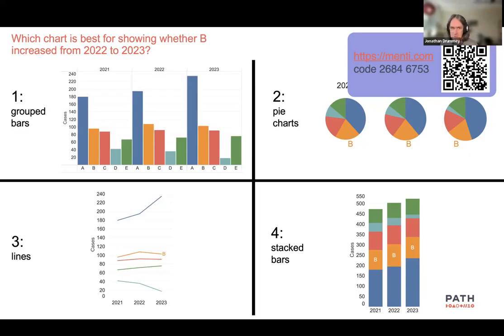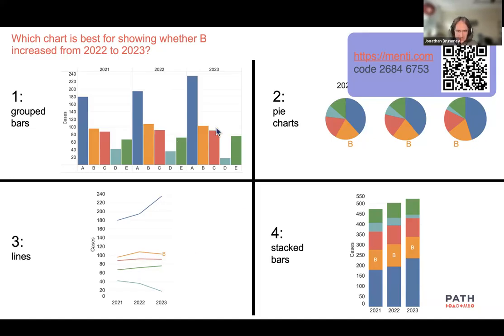I've seen all these charts in practice for this kind of question. I purposely did not label it. For this question, the best chart is the line chart, because we can look at this and immediately see that the line is not going up, it's going down from 2022 to 2023.